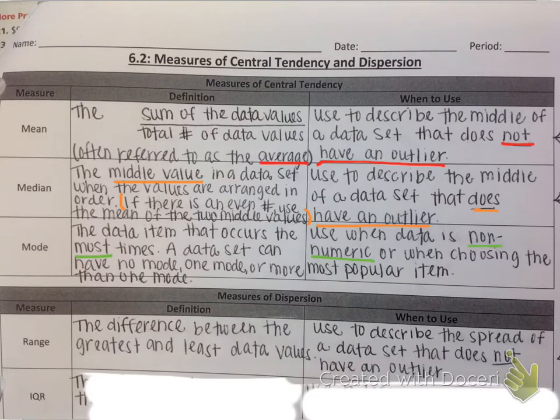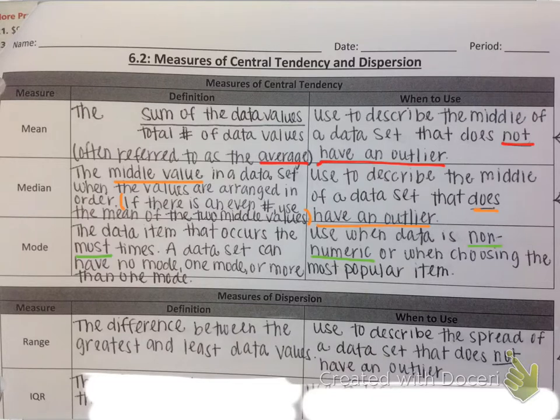There are two measures of dispersion that we are going to talk about in this unit. Range and IQR, which stands for interquartile range. We're going to talk about IQR tomorrow because it goes with box and whisker plots. So today we're just going to look at the range. So that IQR part you guys are going to leave blank for today.